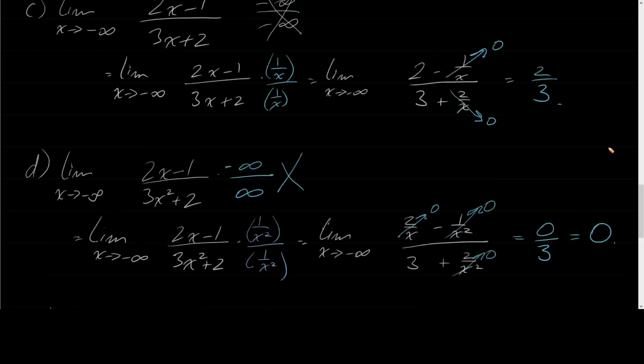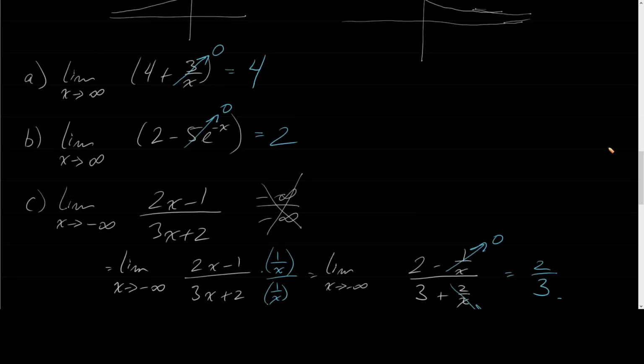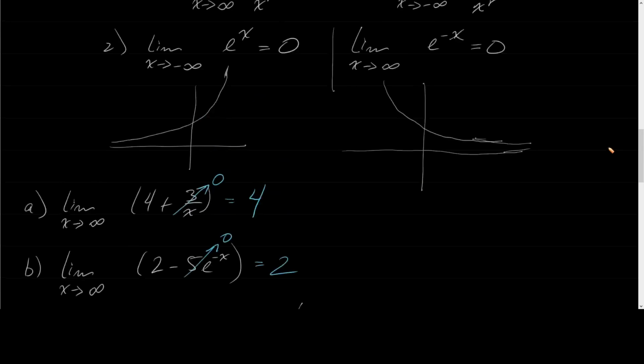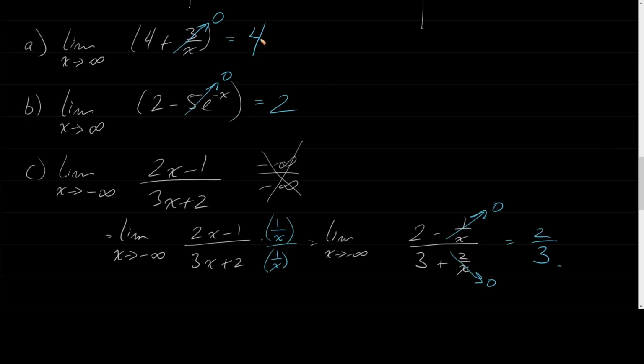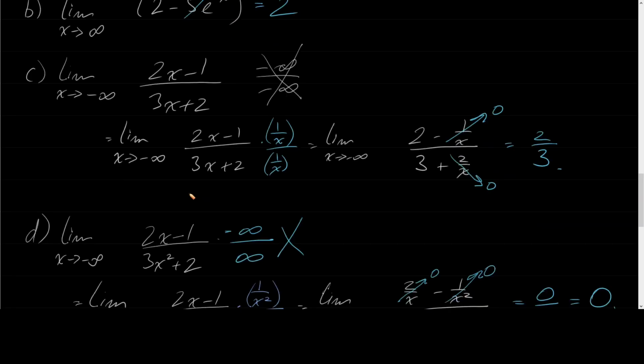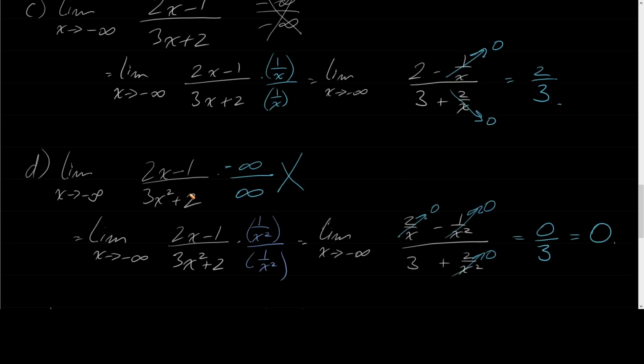And let's revisit all these first 5 problems. Recall that I said that what this was finding was horizontal asymptotes, right? So for this function, 4 plus 3 over x, we've got a horizontal asymptote of 4. For this one, we've got a horizontal asymptote of 2, so on and so forth. In example C, we've got a horizontal asymptote of 2/3.